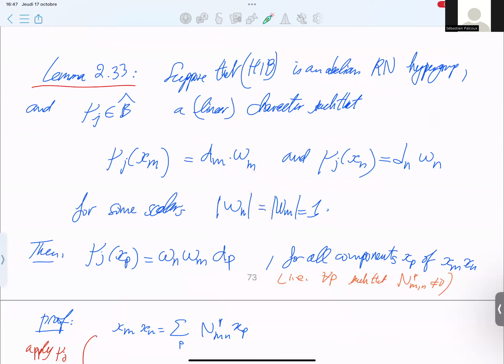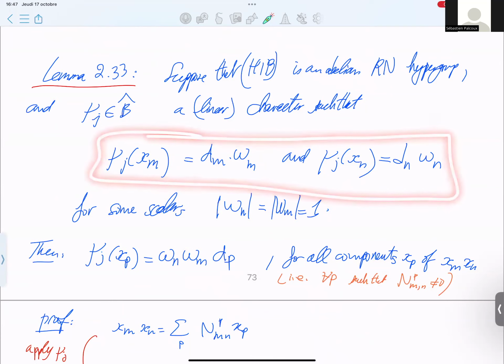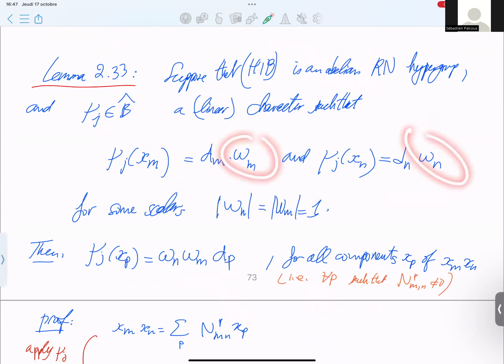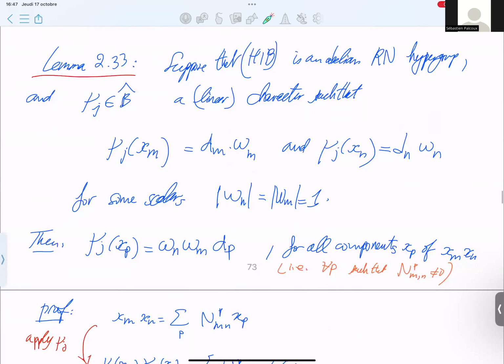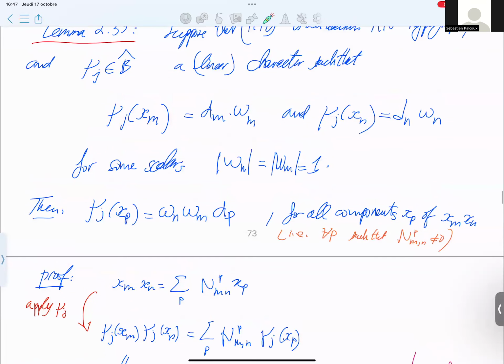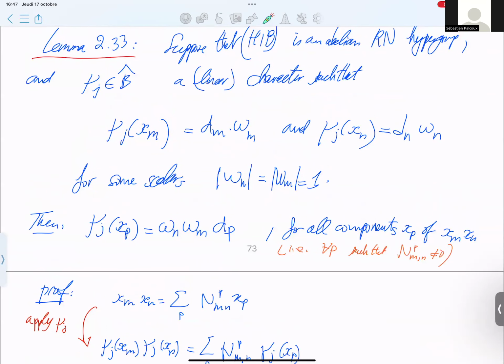So you assume for this specific M and N, this linear character is exactly the Frobenius-Perron dimension up to a constant of modulus 1. And this theorem is saying that it should be the same for P, for any component of the product of M and N.